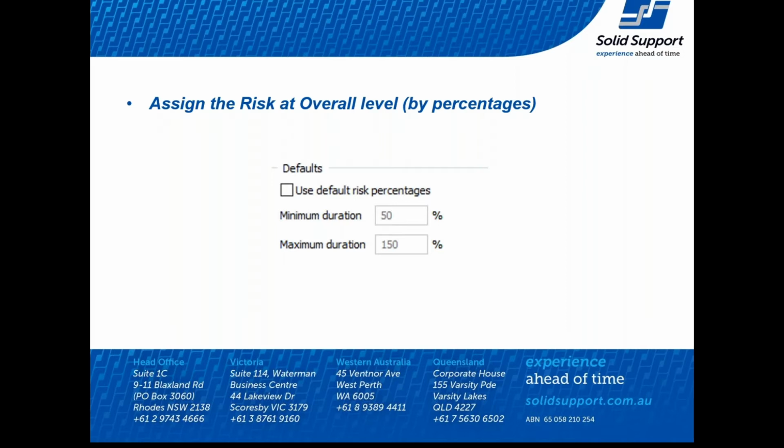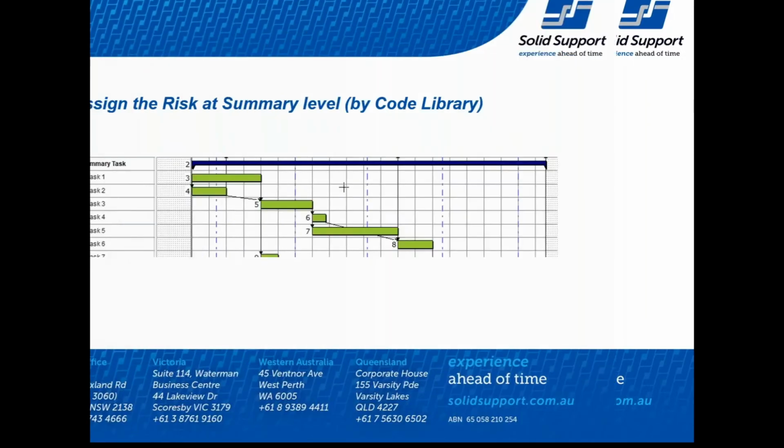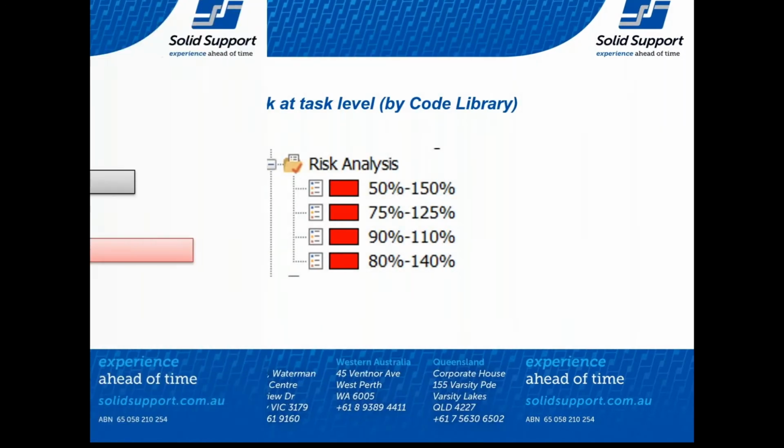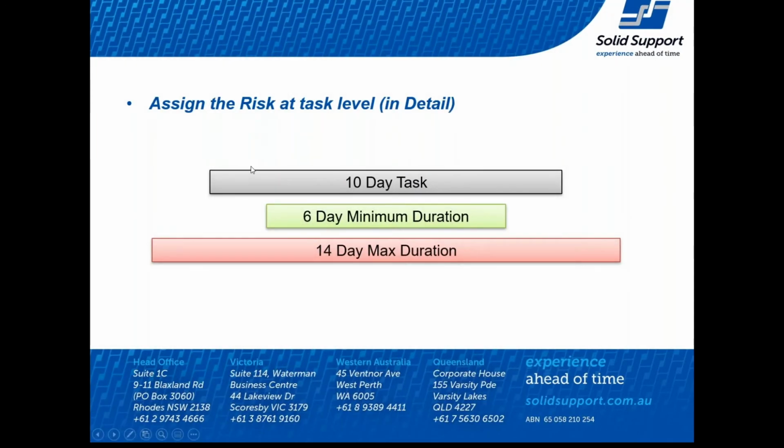But again, you could also bring in those projects from those systems and assign a minimum maximum duration if you so wanted to. So we assign that. Now, I'm just going to step back briefly a couple of slides to this one here, where we have a 10-day task, with 6-day and 14-day minimum maximum duration.